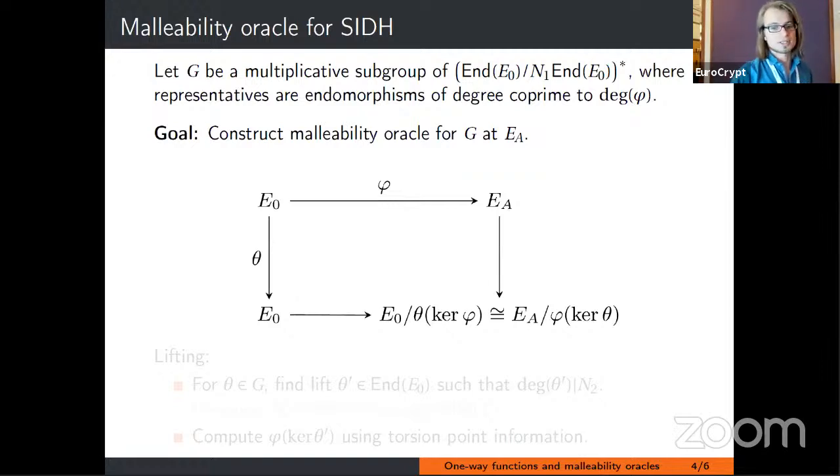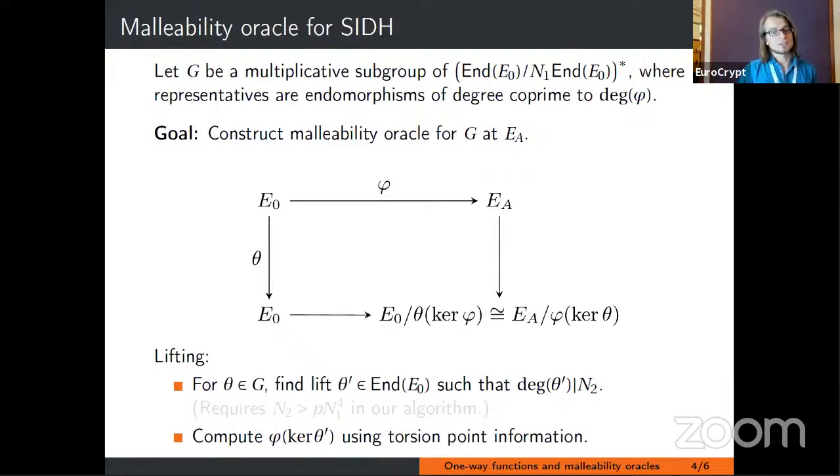However, we observe that we can lift the acting element to an endomorphism of a certain norm, and then we can use the torsion point information that is provided in the SIDH protocol to compute the arrow on the right side of the commutative diagram. So from EA, the public information, if we can compute the arrow, we actually get to the bottom right corner. However, this lift requires unbalanced parameters.